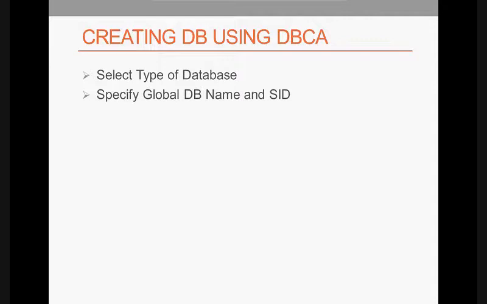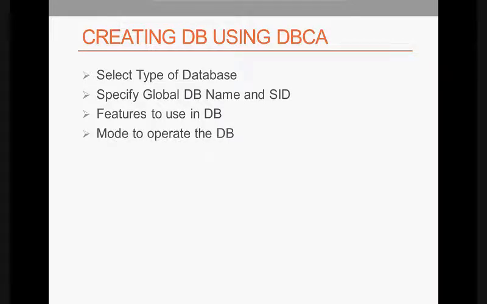After that, we specify the global name and SID for our database. These must be unique. There are various features which we can use like OLAP services, Oracle Spatial, etc. We can specify these features also at the time of creation. We have to tell the DBCA whether we want to operate our database in dedicated mode or in shared server mode.